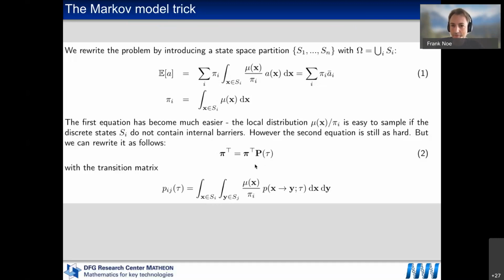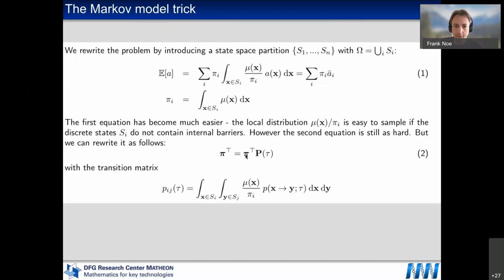So if I have a Markov chain transition matrix, which tells me the probability that my system would switch from any state i to any state j in a given time tau, independently of which time tau I choose, and that can be a short time, something that I can still easily simulate, then this will give rise to a stationary probability.